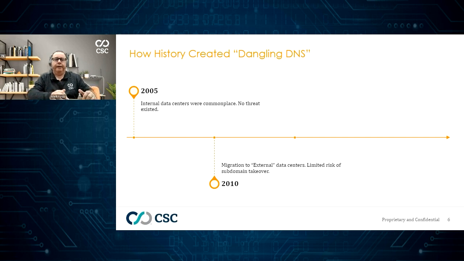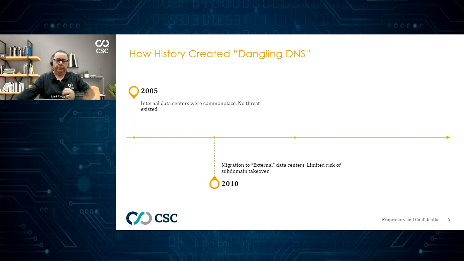Why would we? Moving to the external did introduce a limited risk, in that whoever we partner with, they may recycle host names and give it to somebody else. But it was more a commercial relationship when you're using these external data centers, and cyber criminals, they don't typically like to go near those kind of relationships.